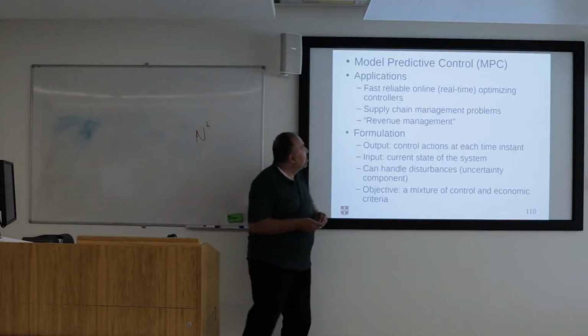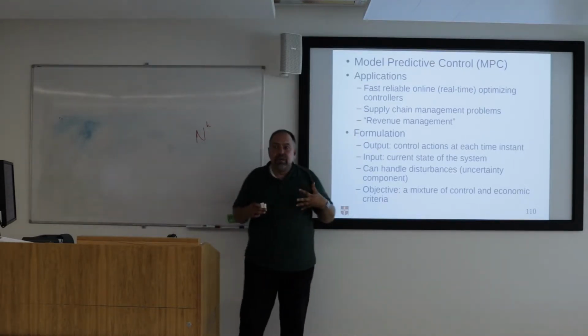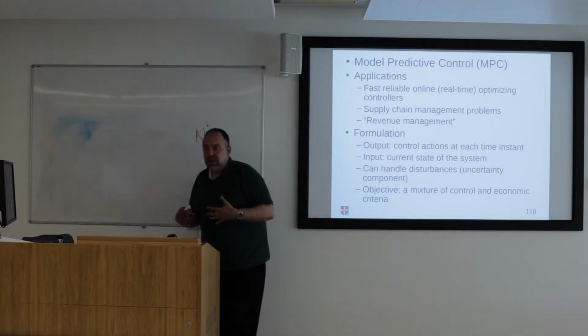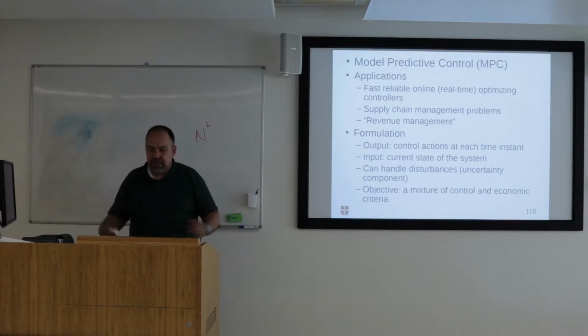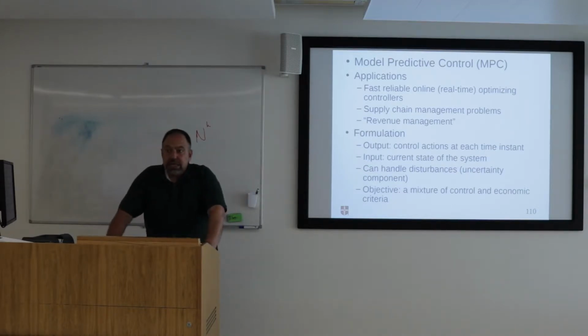So your controller is not only interested in maintaining stability or steady states and tracking desired set points, but it also can have a criterion within its objective which measures the cost of maintaining the process where it should be.